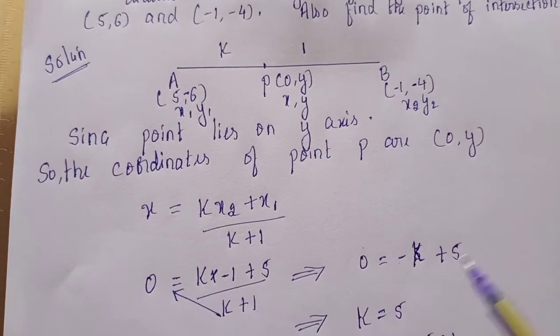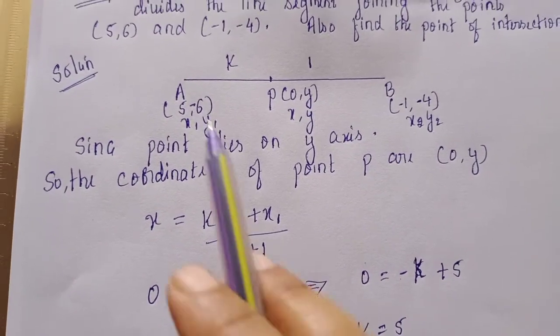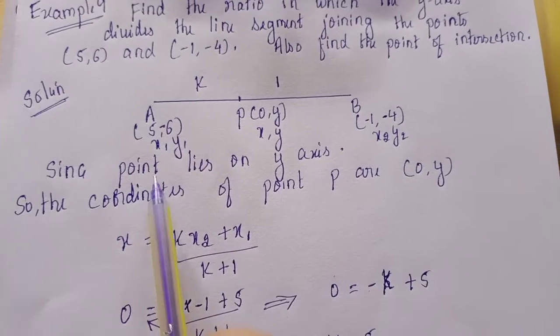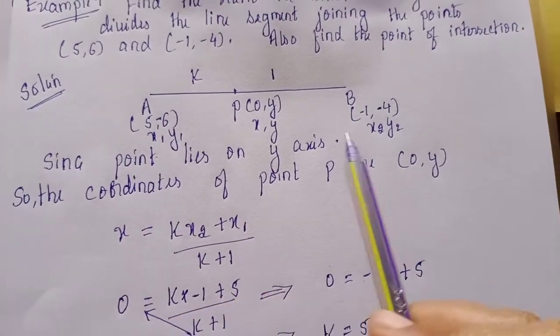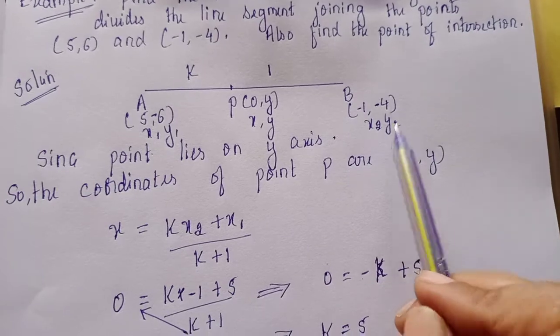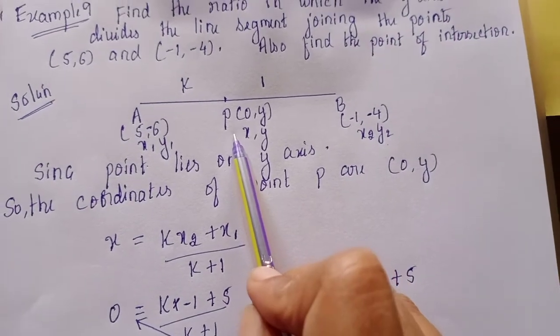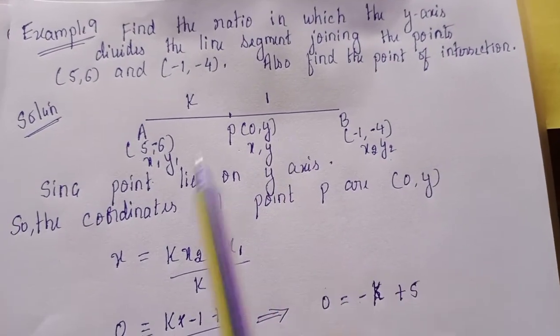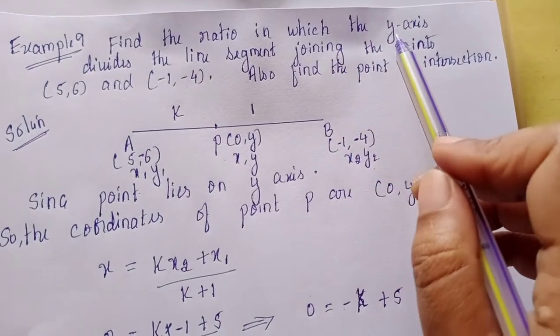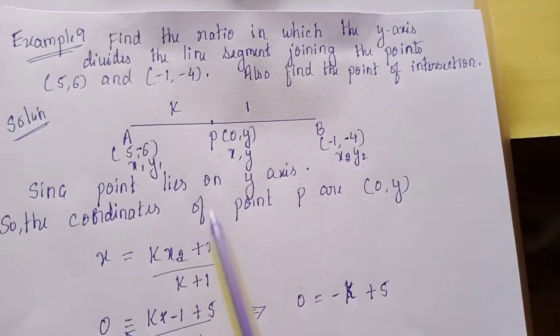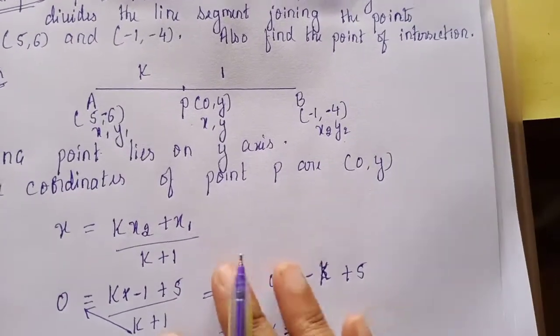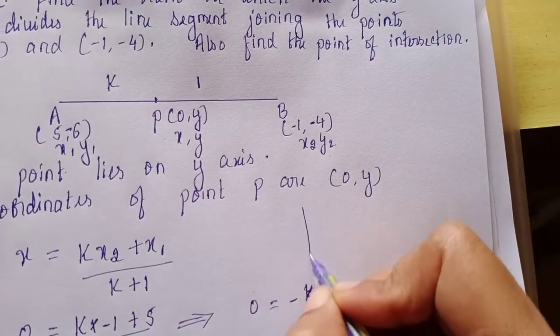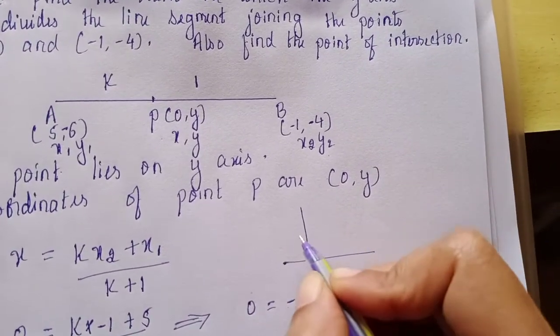I said already, to find the ratio you take k is to 1. So you know a value, that is x1, y1, B coordinates are x2, y2 and point P, why I have to take 0, y, because that point lies on the y-axis. Practically, the line will be like this.